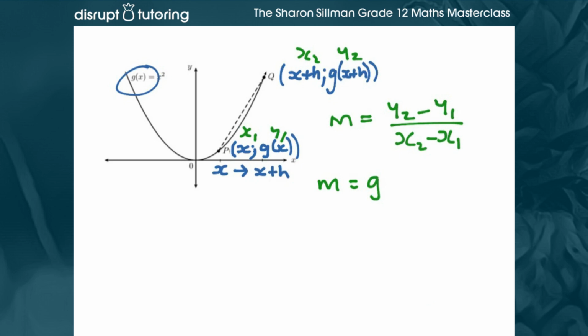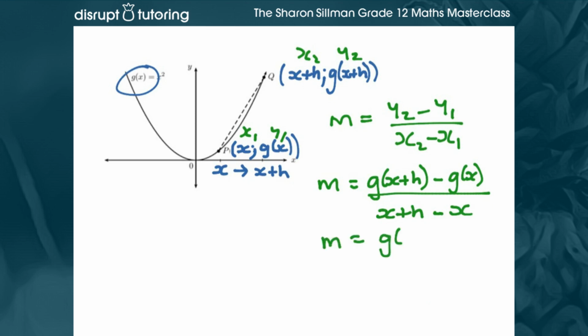So the gradient formula is now going to look a little different. It's going to take the y coordinate when we added a bit more on, and we are subtracting the previous y coordinate. And then the difference in the x numbers is the x coordinate when we added something on, subtract the original x coordinate. And as you can see at the bottom, we can simplify that by collecting like terms. x minus x is nothing, so we're dividing by h.